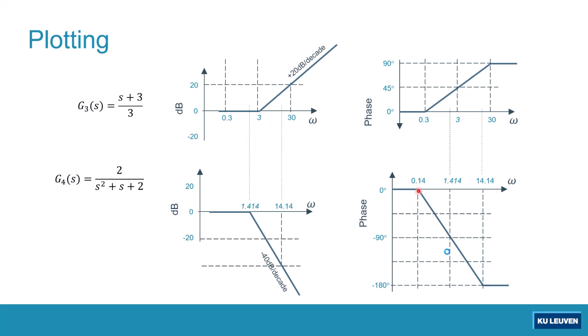As for the phase, we will have 0 degrees at low frequency and negative 180 degrees at high frequency, beyond 1 decade above the corner frequency. For this phase plot, I will take the approach of the 3 region phase plots that we have already discussed before.